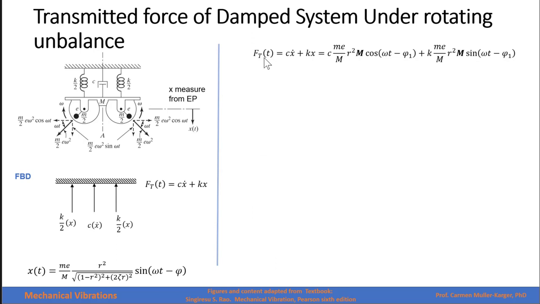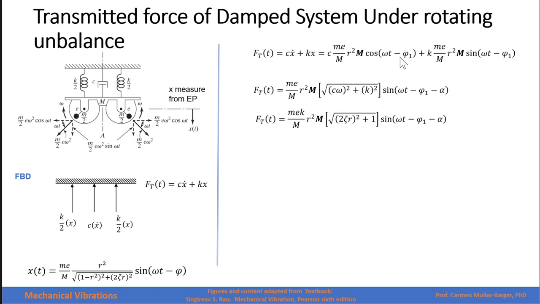Then the transmitted force will be equal to the damper coefficient times the derivative of my response plus the spring constant times my response. We can simplify this expression, taking into consideration that these terms are the same for both, and writing the summation of two sinusoidal forms in terms of only one sine minus a phase angle.